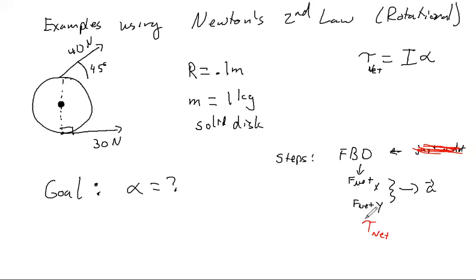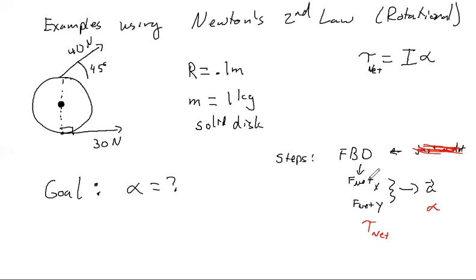That could have been a net torque in x, y, and z, but for our problems, it'll always be a rotation in the plane, in which case it's just a number. And then once we have those three things, we can find the acceleration vector, and now we can also find alpha.